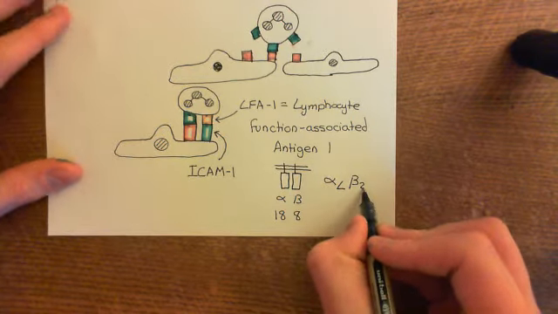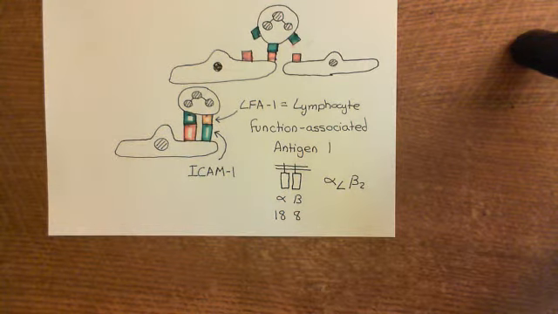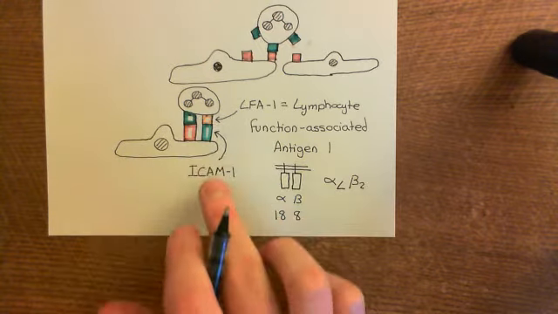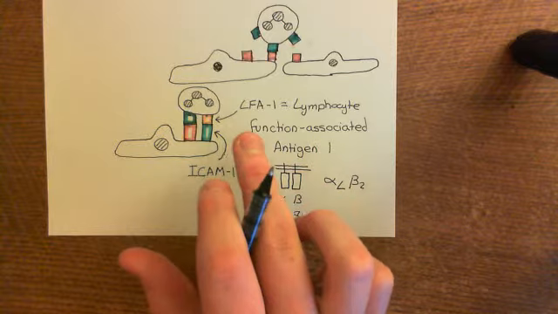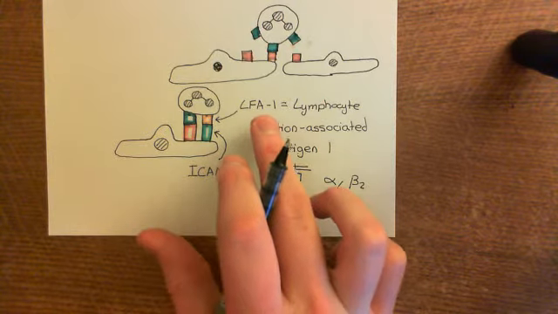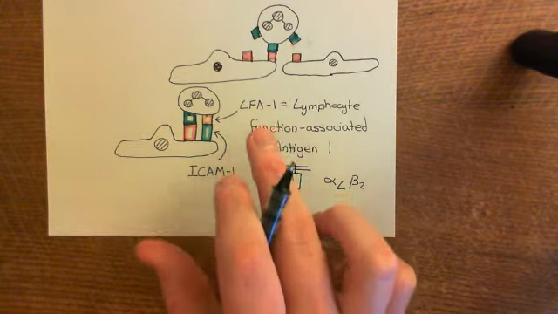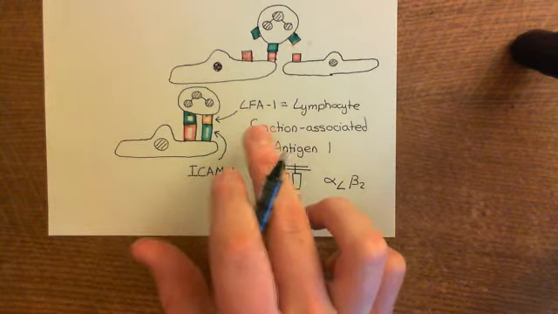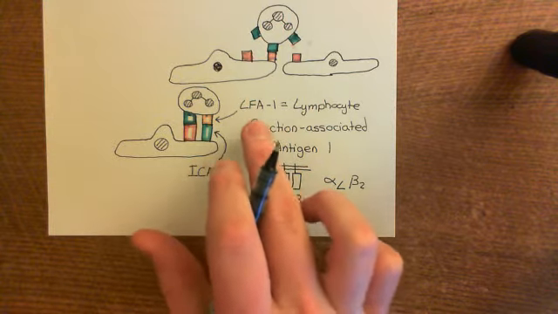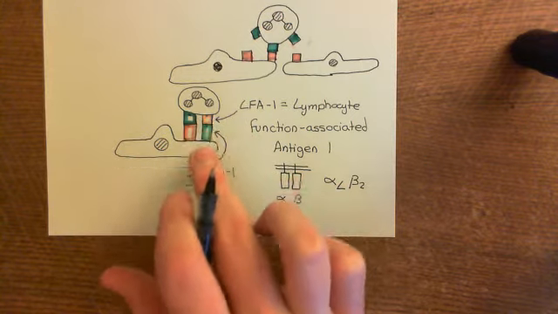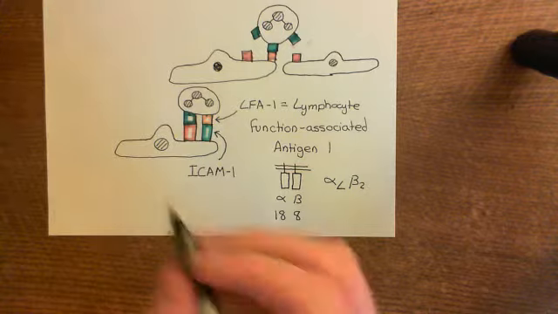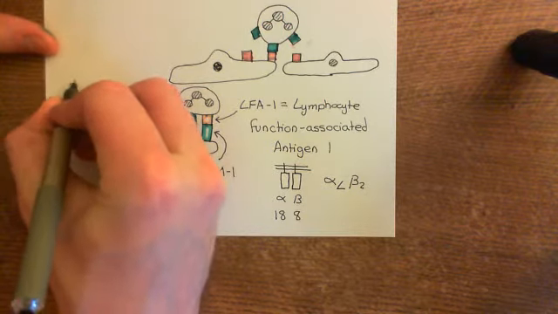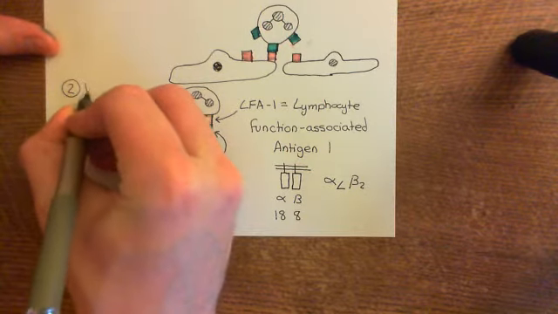So it's known as the alpha L beta 2 integrin. Right, so you get this weak interaction between ICAM1 and LFA1, and the reason is that this integrin, LFA1, is not activated yet. Before you activate LFA1, the bond between ICAM1 and LFA1 is very weak. So this next stage is what's known as weak adhesion.